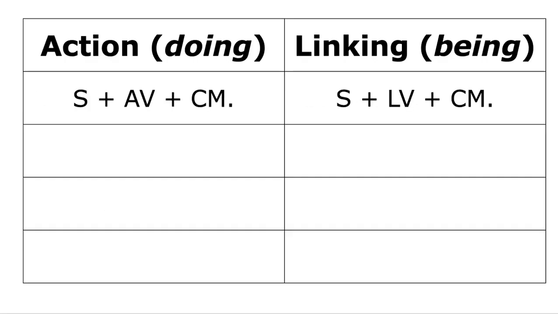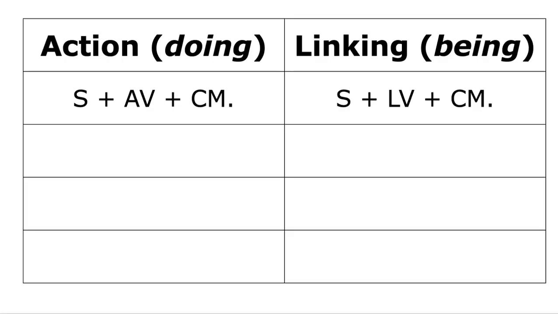For both action and linking verbs, the basic format is the same. Action has subject plus action verb plus something, some words for the complete meaning. Linking verbs have a subject plus a linking verb plus complete meaning.